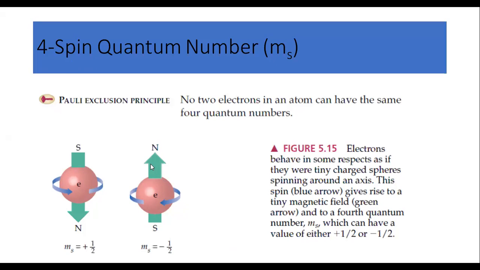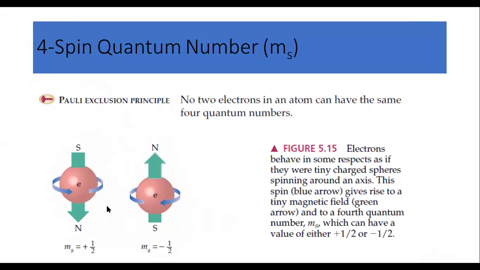The first three quantum numbers may be the same for two electrons. Suppose there are two electrons: the principal quantum number may be the same, the angular quantum number may be the same, and the magnetic quantum number may be the same for both electrons. But the fourth quantum number should be different, because one has the magnetic field direction upward and one has it downward.